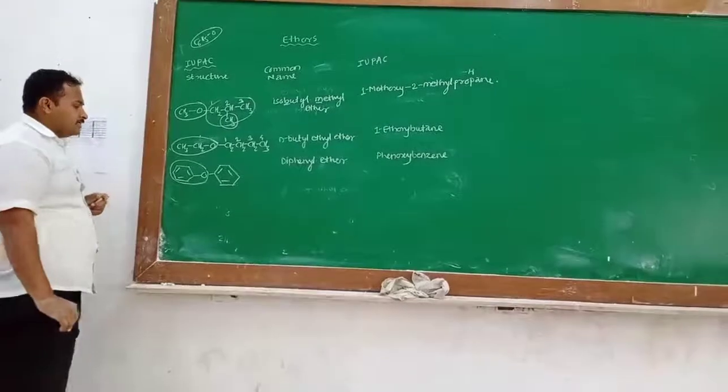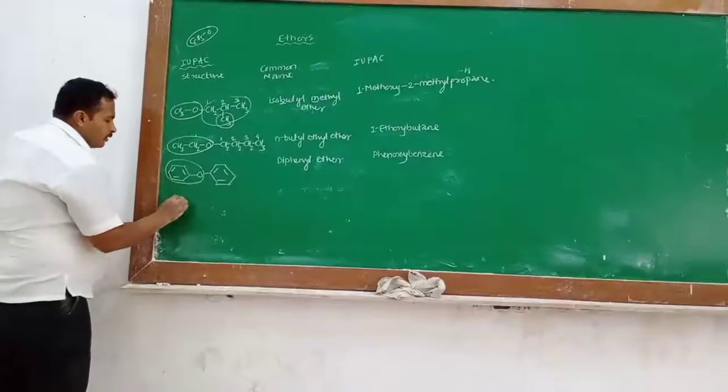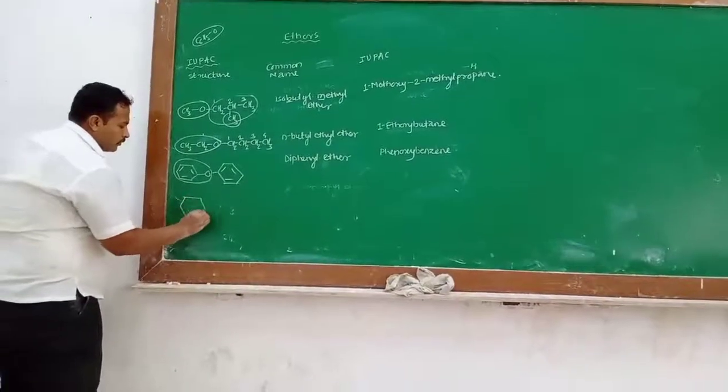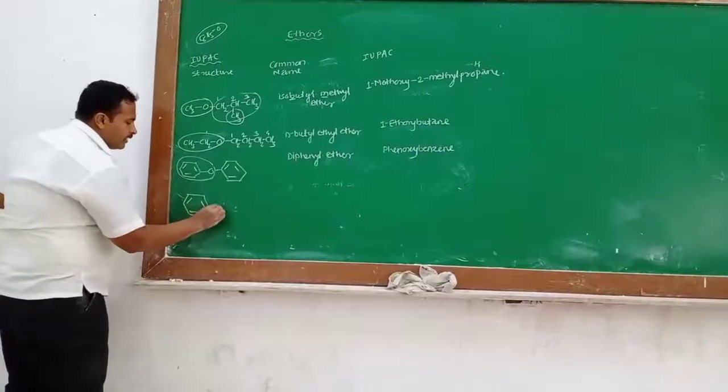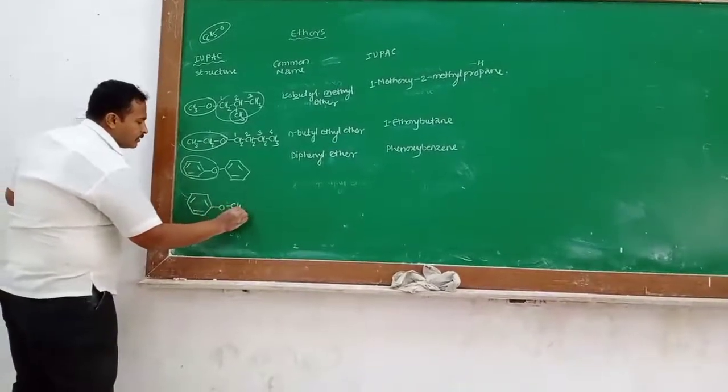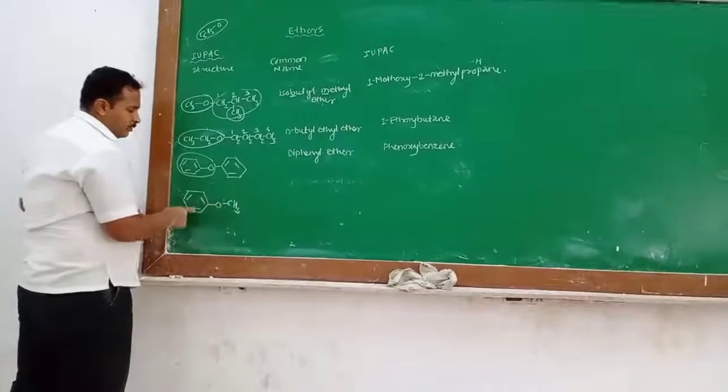Next, take an unsymmetrical ether, CH3. It is a methyl group, and it is a phenyl group.